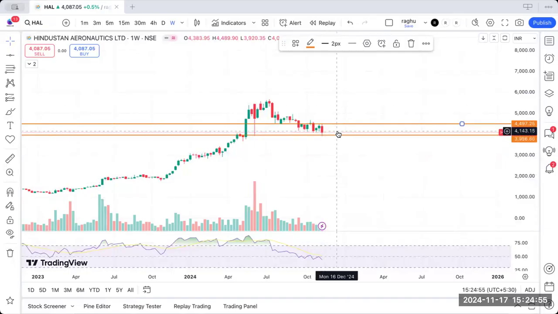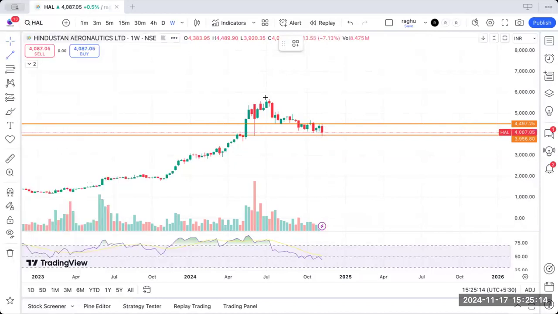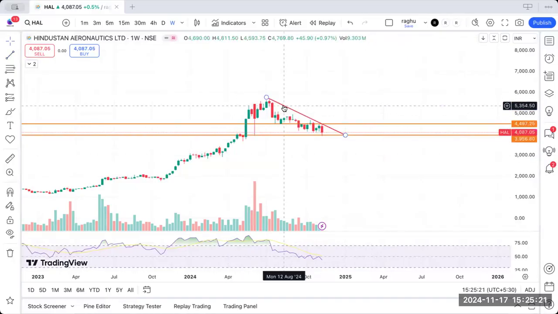What is the basic strength required for any stock to go up? Volume. If volume is not there, then the stock will not go up because it doesn't have the strength to go up. So that is point number one that you need to observe. Secondly, based on another set of price action, you can see a small trend line going downside, which is basically a downside momentum stock.